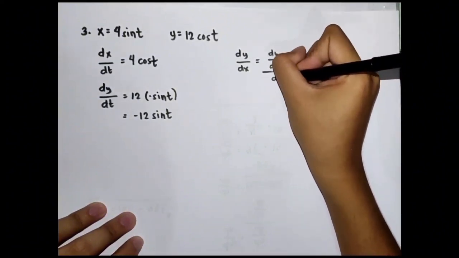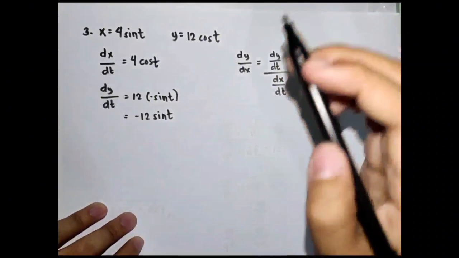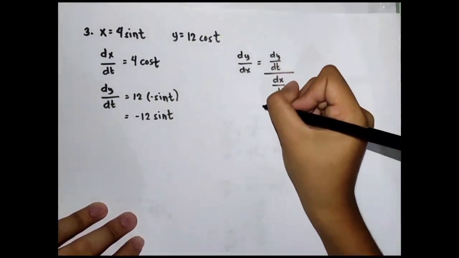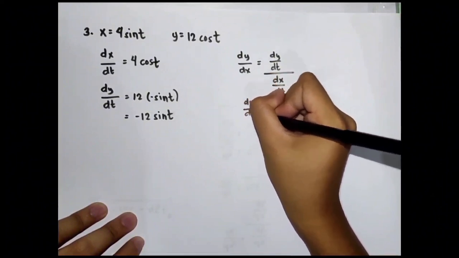Now let's derive the parametric equation using dy over dx equals dy over dt over dx over dt. Then substitute the values.